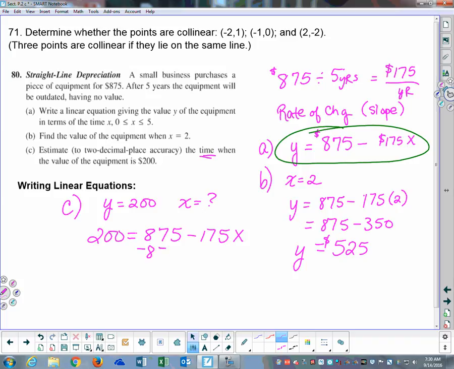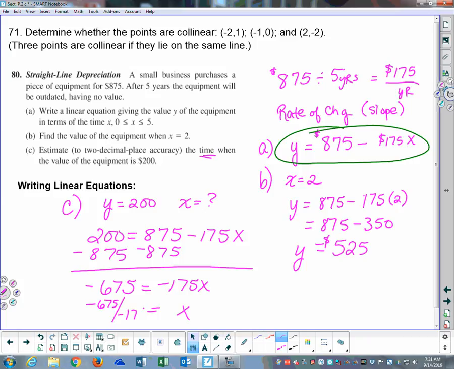So let's subtract 875. That'll give us negative 675 equals negative 175x. That's good that we got two negatives. Negative 675 divided by negative 175 will turn out to be positive, and x will equal 3.86 years. And they asked for it to be 2 decimal places, so there you go.